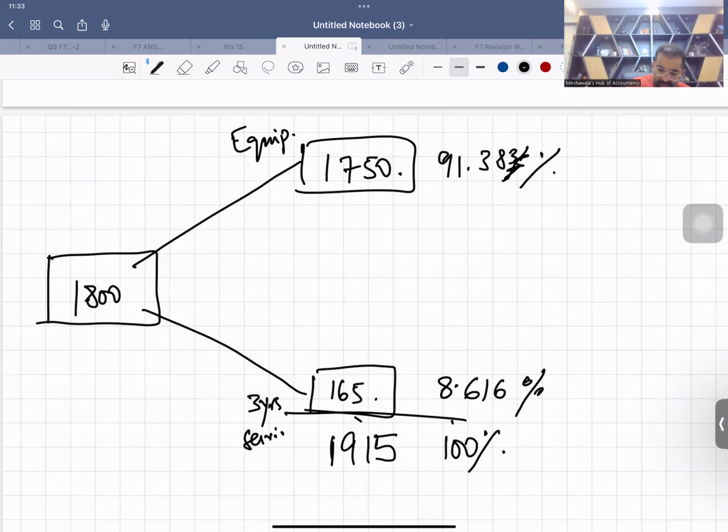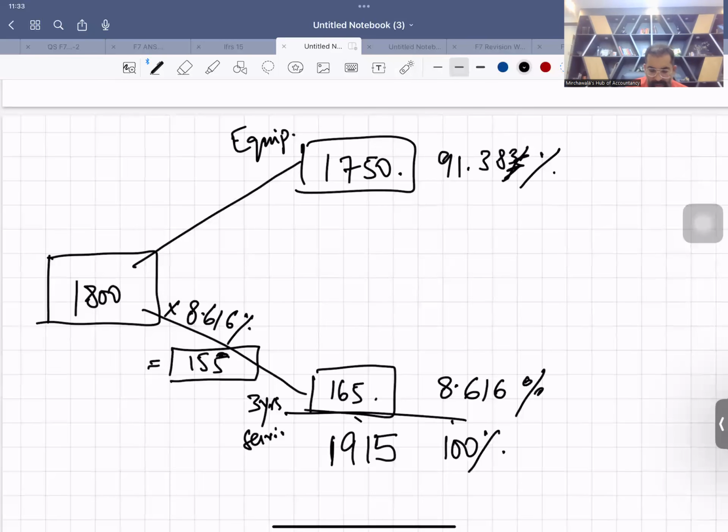Now out of this 1800, multiply 1800 by 8.616%. You will get the complete 3-year revenue of these services. This will be 155.